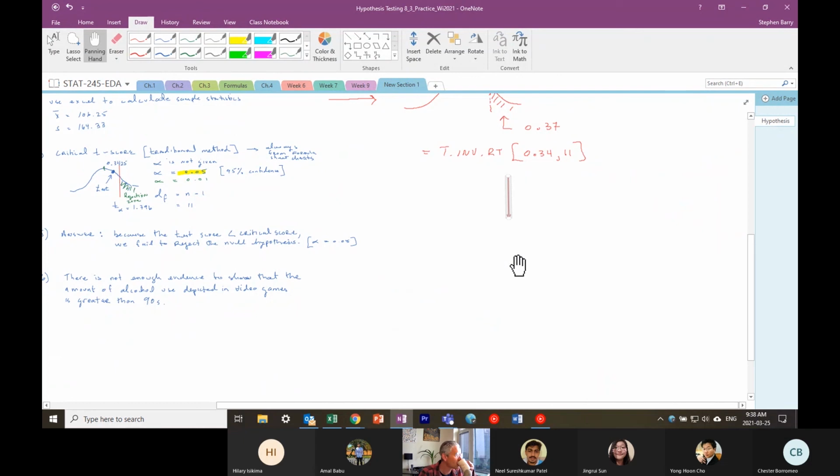In order to make my conclusion with the p-value method, all I have to do is, in other words, your answer, you're ready to go here. What you have to do is compare this p-value. This is called the p-value, to the alpha value.